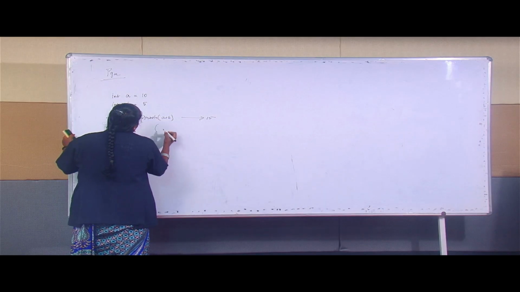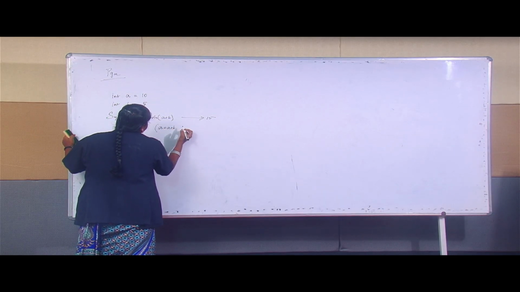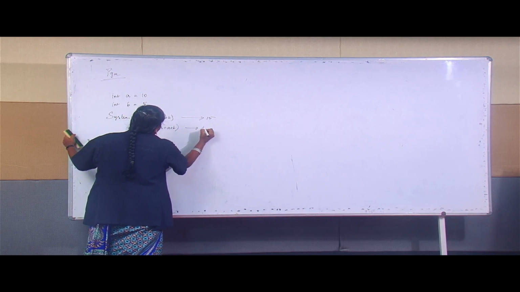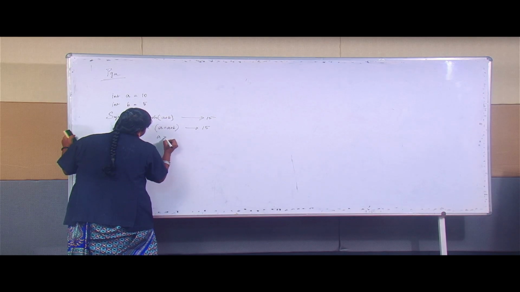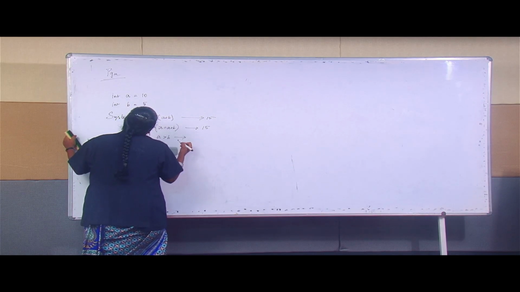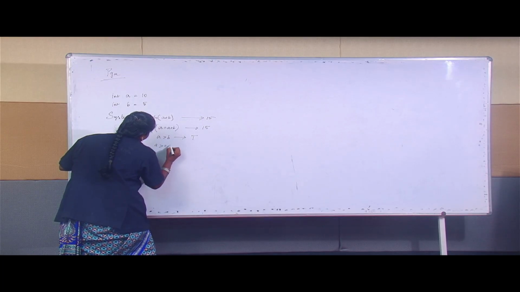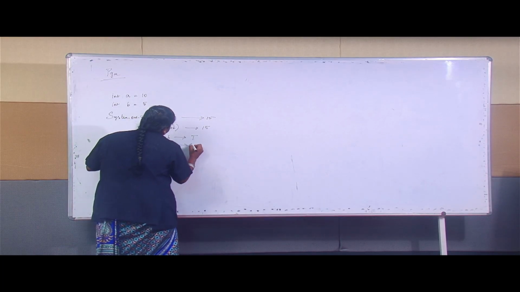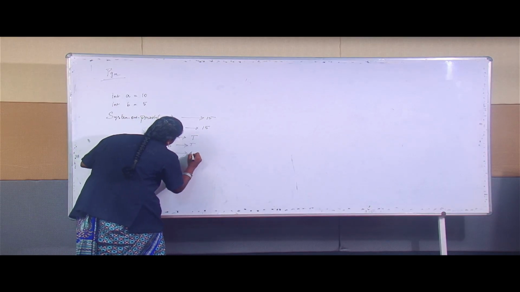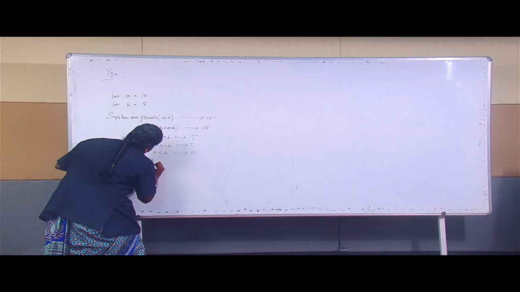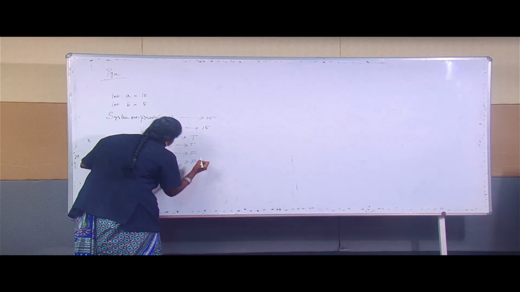Then A equal to A plus B, that is the assignment operator, the value is 15. Then next A greater than B, the output is true. A greater than or equal to B, the output is true. A lesser than B, the output is false. A lesser than or equal to B, the output is false.